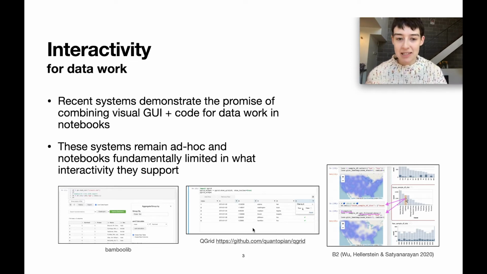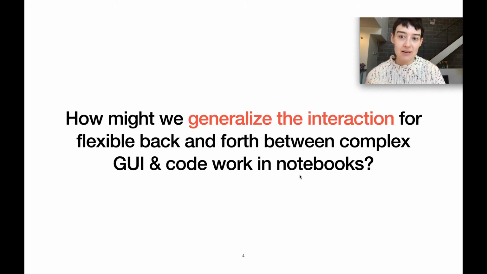And what we'd like to see is a more general way that we can approach this style of interactions, where we can fluidly work with our data in both complex GUI tools and in notebooks. And the goal of this work is to push the way that we compute with data in general, not just in notebooks, but here we'll focus on notebooks.